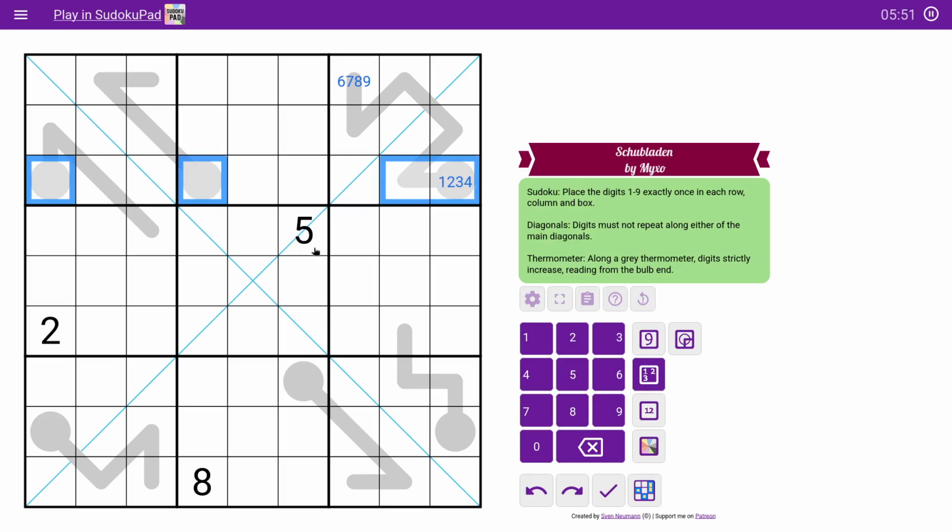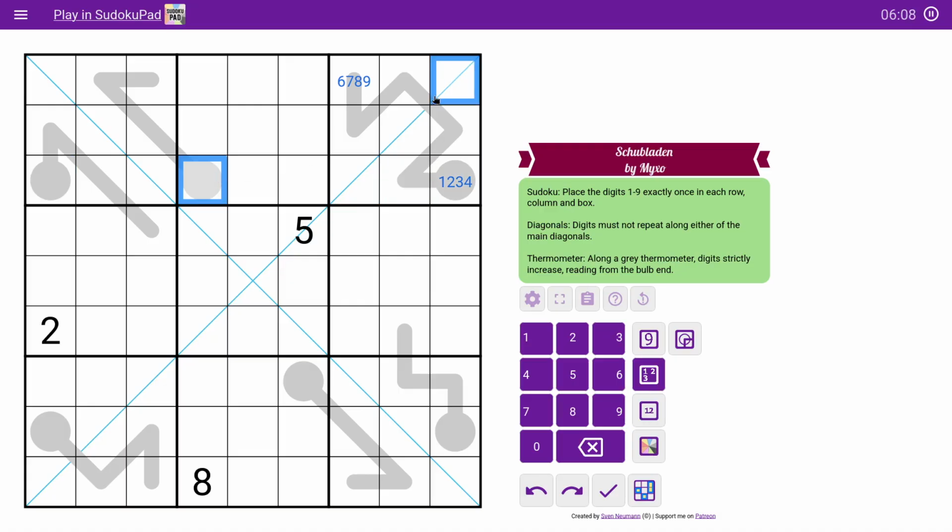Yeah, we have a few low digits in a row. Not very low, but low-ish.